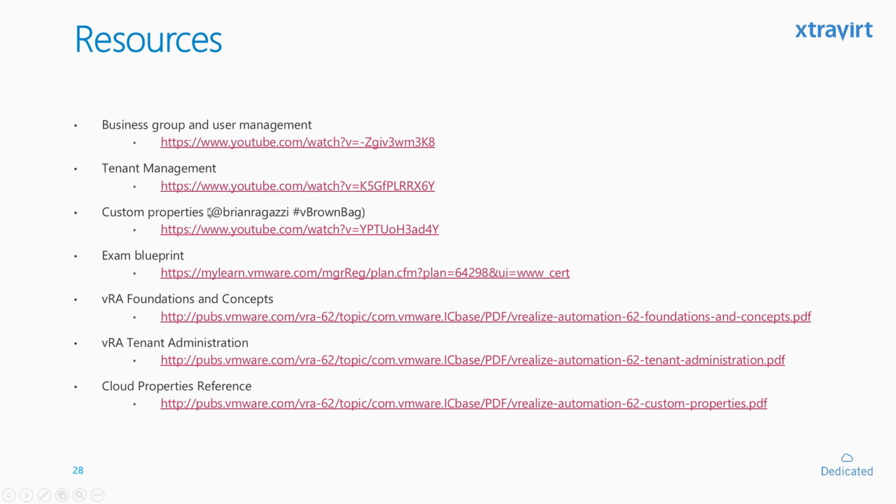There was a really cool video done by vBrownBag on custom properties, and then you've got two fairly good videos put out by VMware themselves about business group and user management, and also tenant management, which gives a lot of the information too. So going from the resources here, you can't really go wrong with this topic.